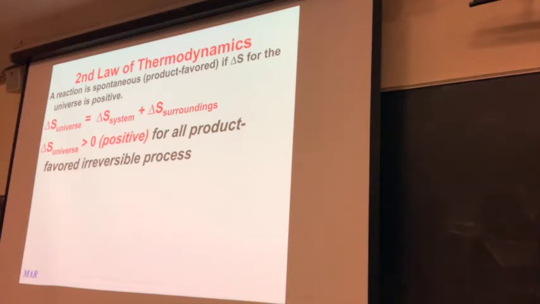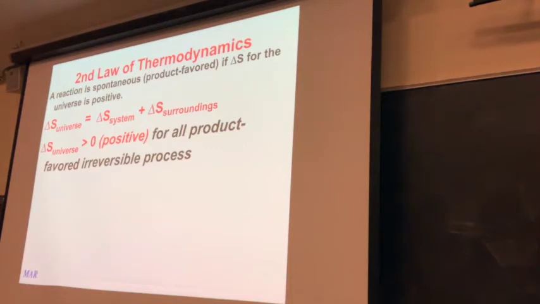So you can think about a spontaneous reaction as product favored. If you have a reaction which is going to occur, the delta S of the universe has to be positive, okay? So universe is obviously pretty big. Universe delta S is going to equal the delta S of the system, what you're studying, plus the delta S of the surroundings, everything around the system.